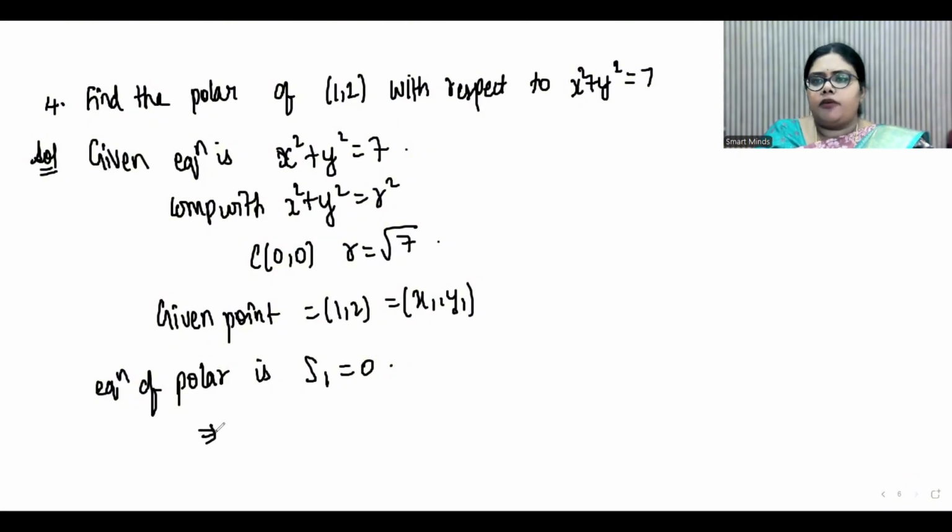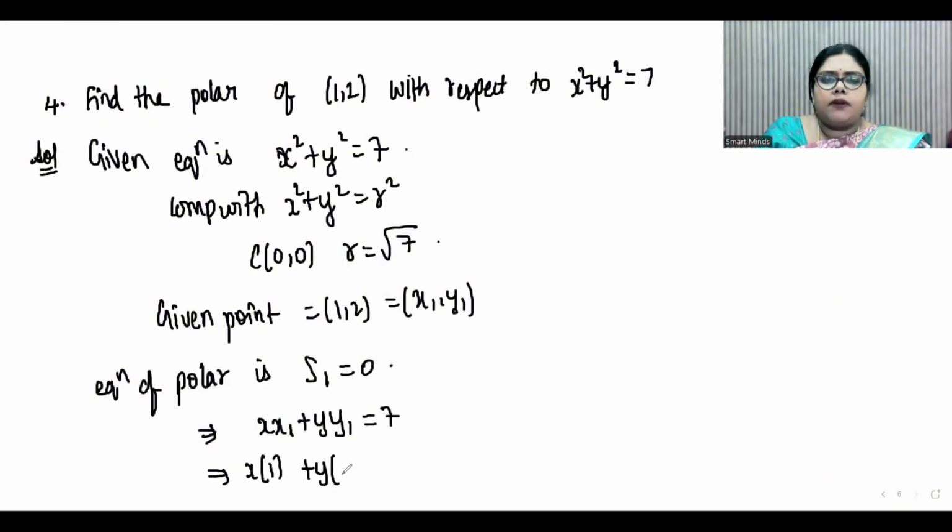Now because standard form is given, how do we write S1? x x1 plus y y1 is equal to 7. Now substitute the values. X into 1 plus Y into 2 is equal to 7. So that is X plus 2Y is equal to 7, or X plus 2Y minus 7 is equal to 0.